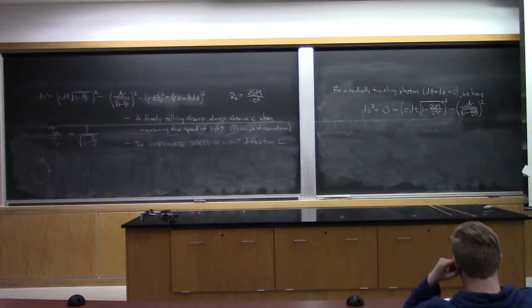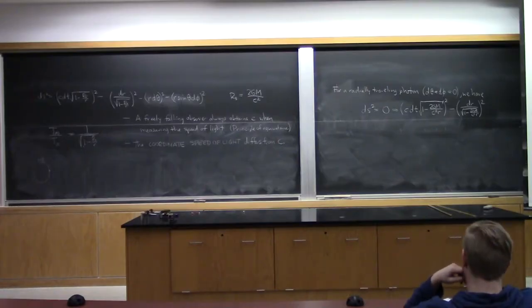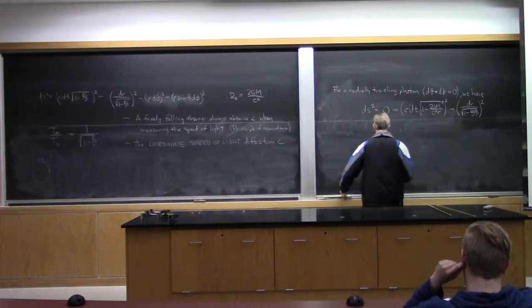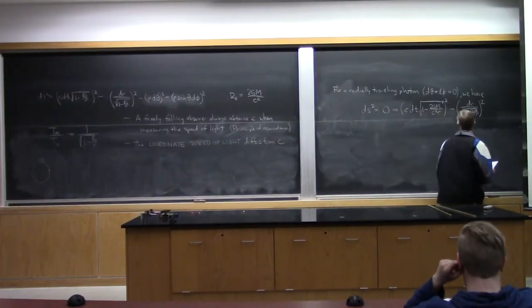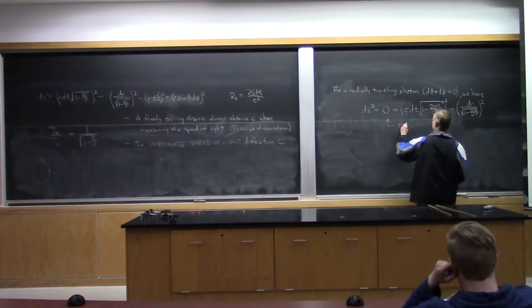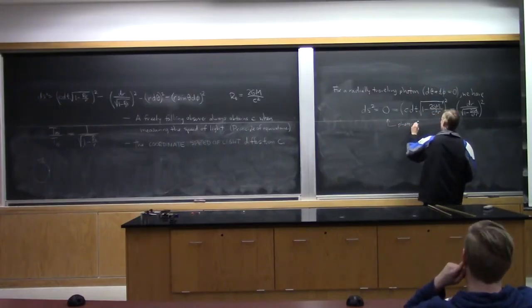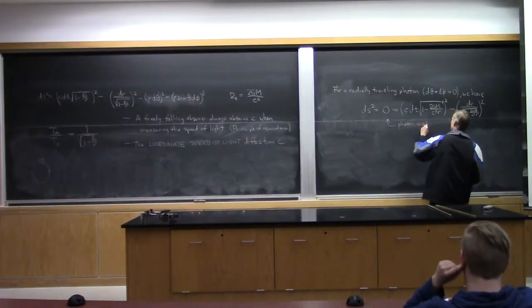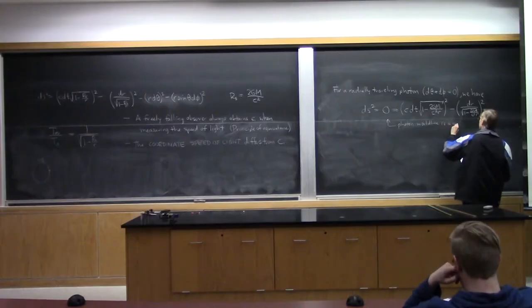On the photon's world line, that's the specification of a null world line, and that tells you how dr and dt are related at different points along the photon's world line. If you know dr, you know dt for points along the world line of the photon and vice versa. Zero there because the photon world line is a null geodesic.